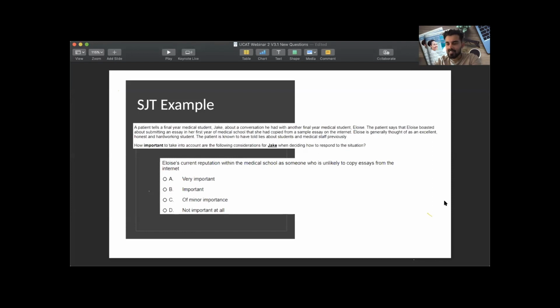What would be classified as important or extremely important rather than minor importance? So how to differentiate between them? One classic example of that is patient confidentiality and maintaining that.